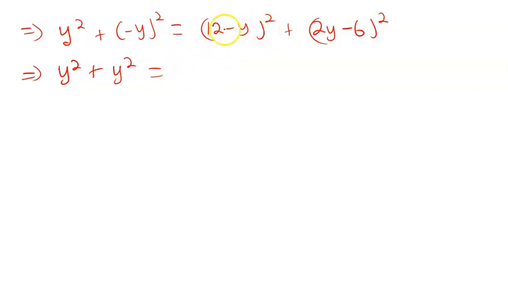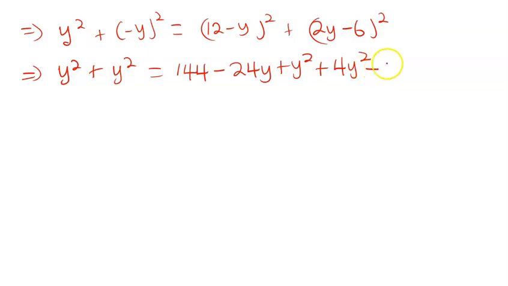So let's expand this. 12 squared is 144. 2 times 12 times minus y, we have minus 24y. Then when you square this one, you get y squared plus, square the first term, we have 4y squared. So 2 times 2y times minus 6, we are going to get minus 24y.